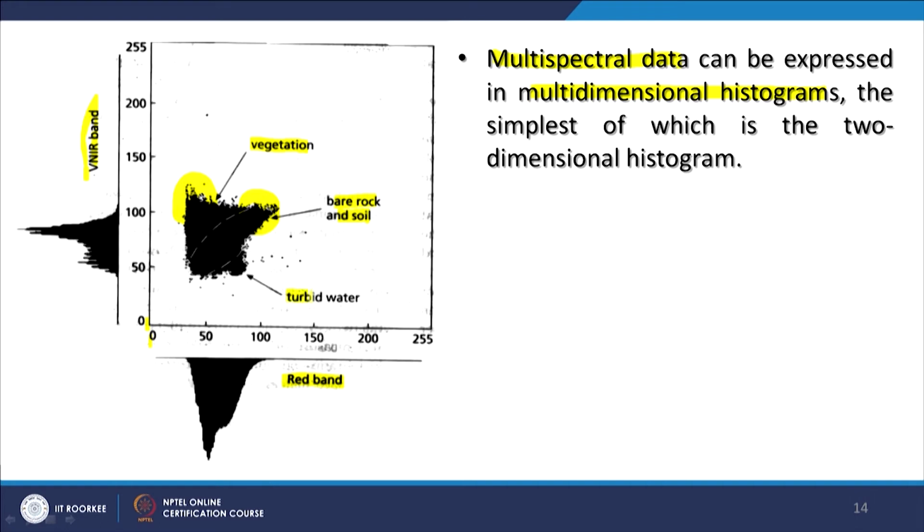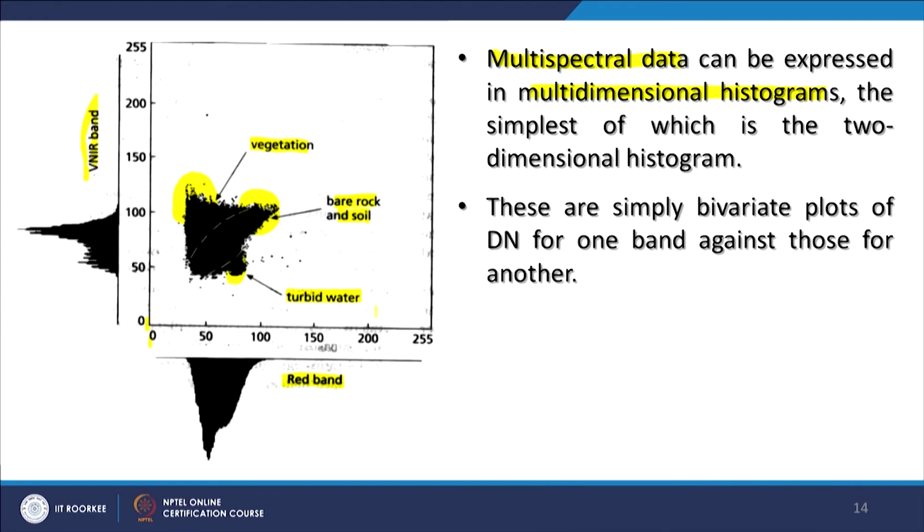And if I am having very low values in the infrared channel and relatively higher values in the red band, then I am probably looking at turbid water with a lot of suspended particles or turbidity. So, moving from a one dimensional histogram to a two dimensional histogram, many more things can be seen.